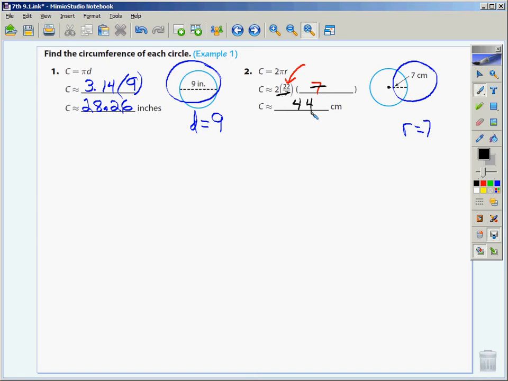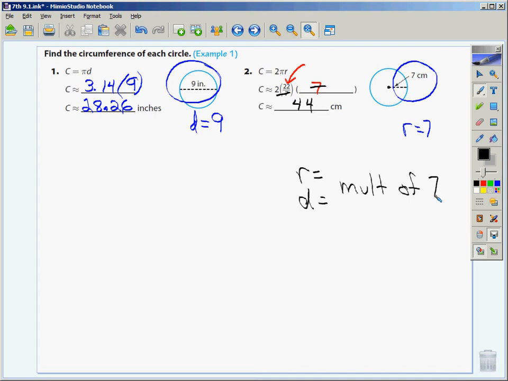This one or this one? The second one was easier to work with because the denominator canceled out. And the only time that I want to use 22/7 is if my radius or my diameter was a multiple of what? If it's a multiple of 7, I would choose to use 22/7.